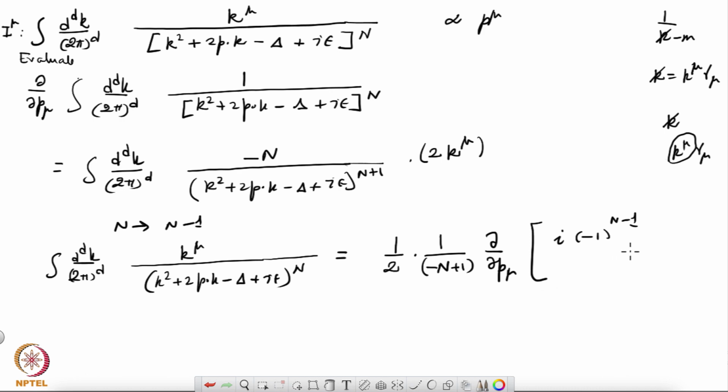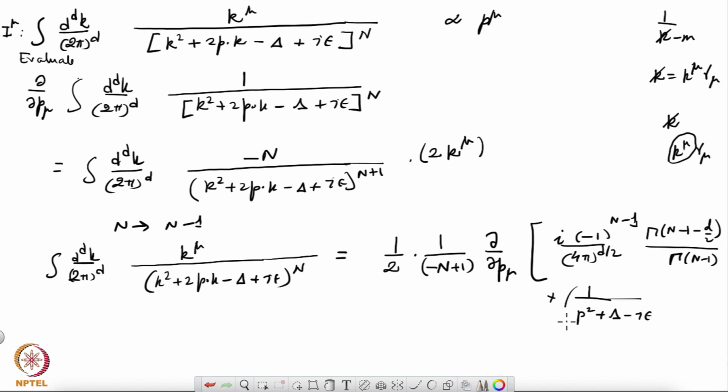So, 1 over (4 pi)^(d/2), gamma of n minus 1 minus d over 2 over gamma of n minus 1, times 1 over (p square plus delta minus i epsilon) to the power n minus 1 minus d over 2.